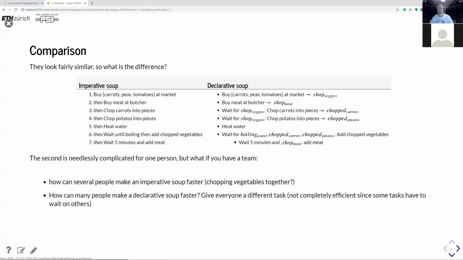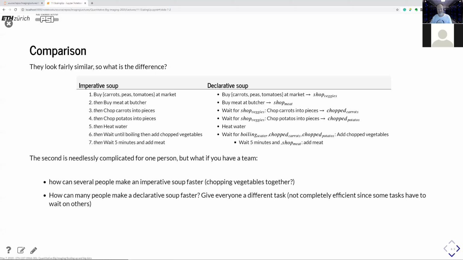But if you have a whole team in the restaurant, you could send some guy to buy vegetables, some guy to buy meat, and then the chef is standing there waiting until he can start chopping the different vegetables, and then you can actually have different resources doing stuff. They probably have one guy who is checking that the water is boiling, and so on. So in this concept, you could actually make a soup faster than declarative.